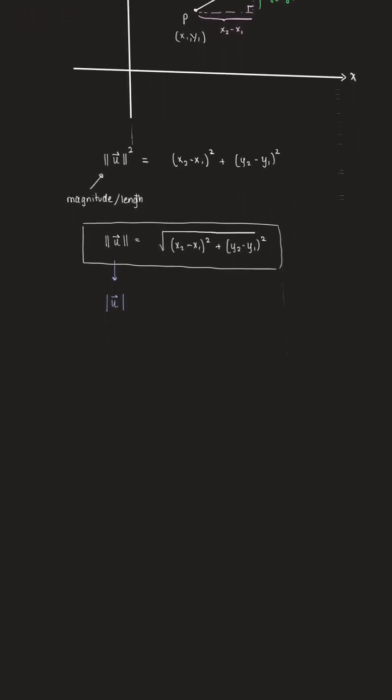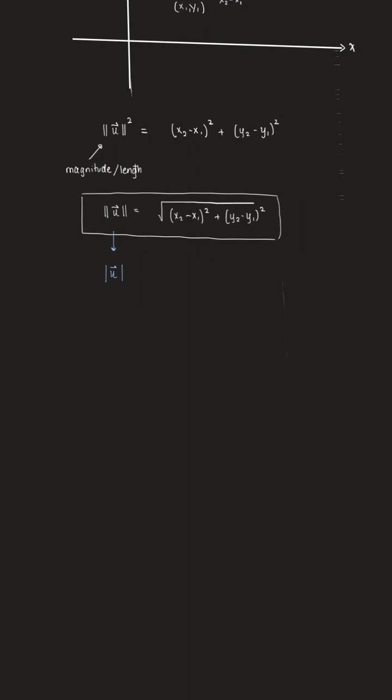Now, if the vector whose magnitude we're finding is already a position vector, let's talk about that for a moment. So suppose that we have our coordinate system, and I have my little vector here that's a position vector.